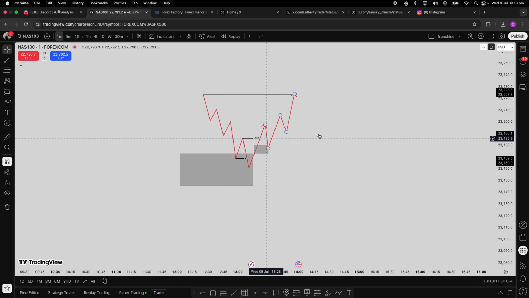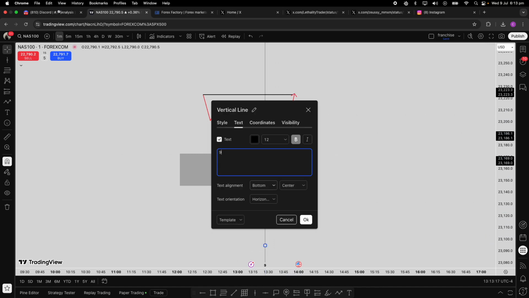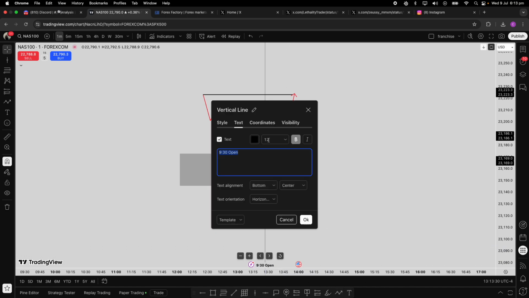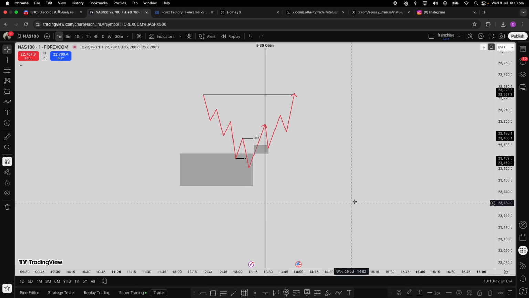Now, let's use this logic, and we'll put this as 9:30 open. Now, completely let me just talk. So let's say this is 9:30 open and we're at this high, and we've got a gap below, okay? We don't have any of this.